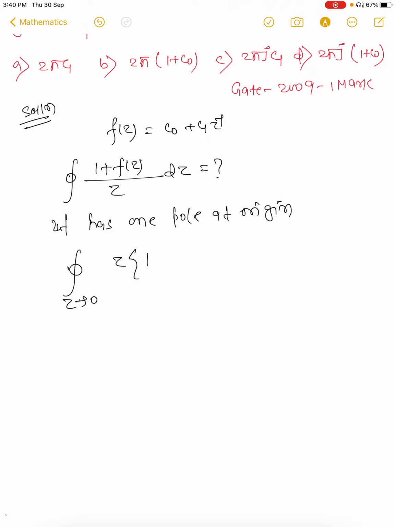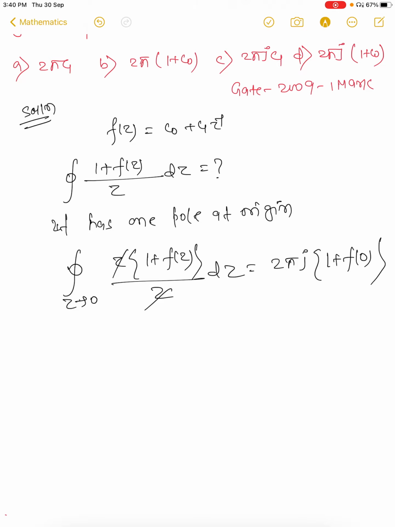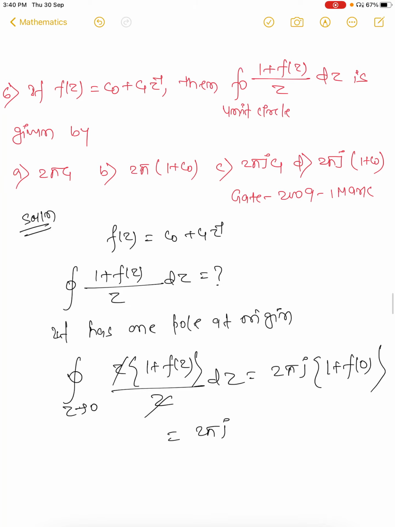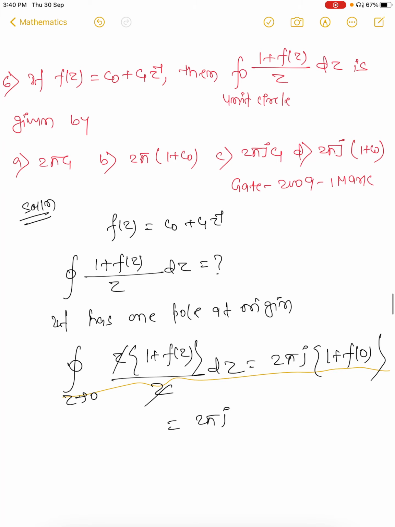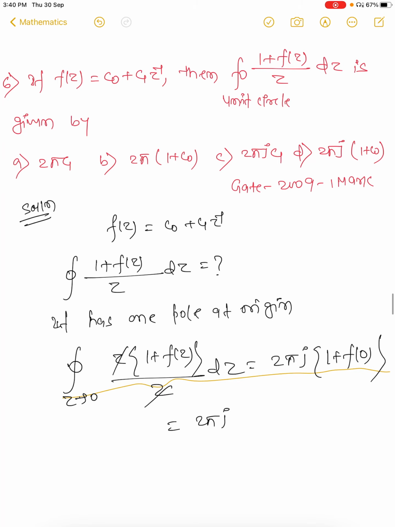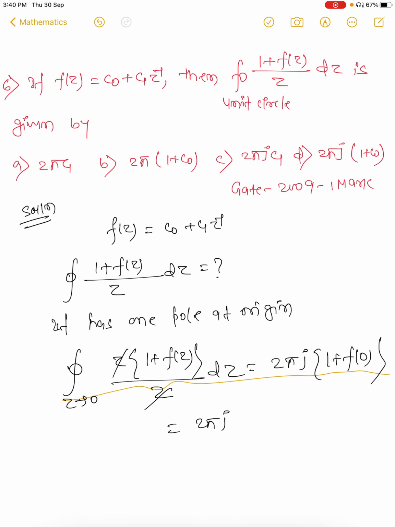So the integral of (1 plus f(z)) upon z dz, this one cancels out. So 2 pi j times (1 plus f(0)). f(0) will be c0, only c0.